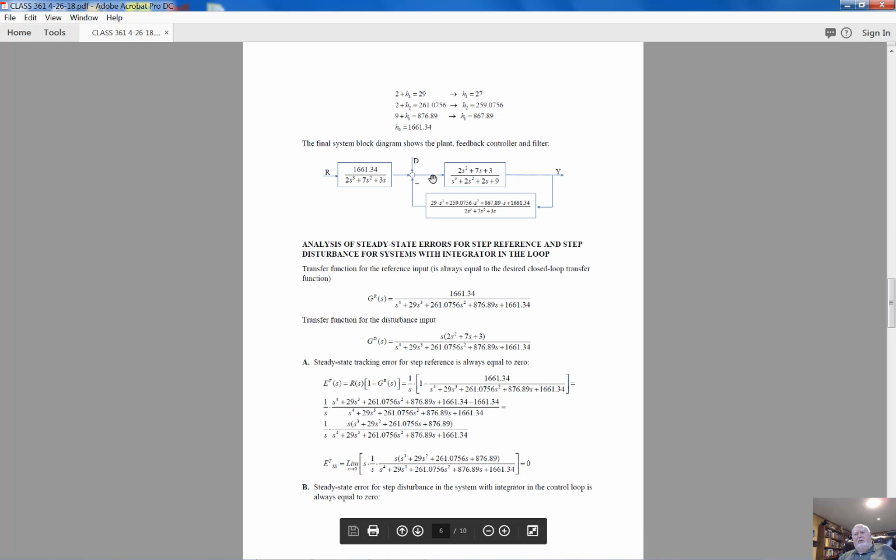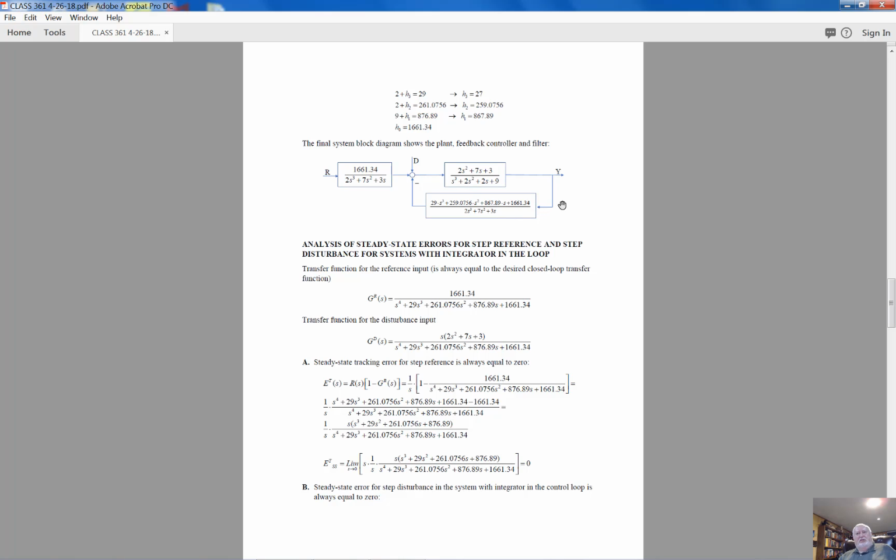I also have to introduce this constant gain for the same reason. I have to make sure that the closed loop system transfer function for reference input will be equal to the desired closed loop system transfer function. The design is complete at this point.